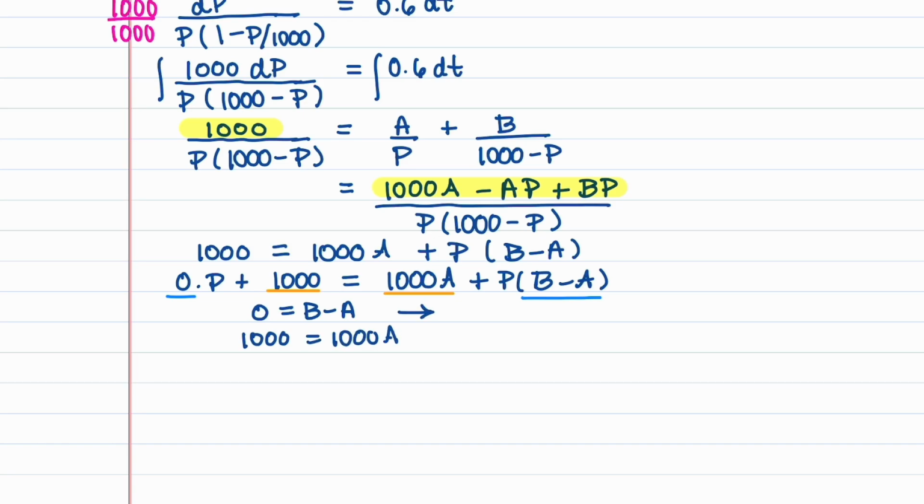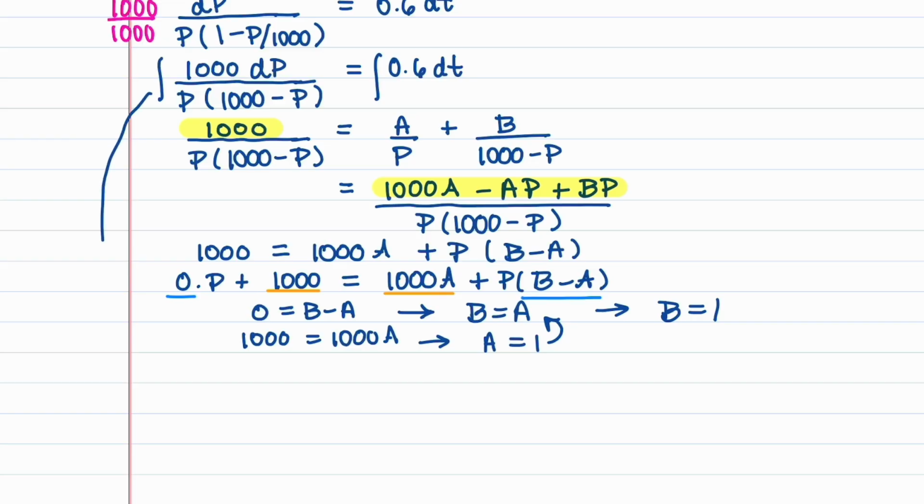This first equation tells us that b is equal to a, and then our second equation tells us that a is equal to 1, and we can plug that back up into our first equation, and this tells us that b is also equal to 1.